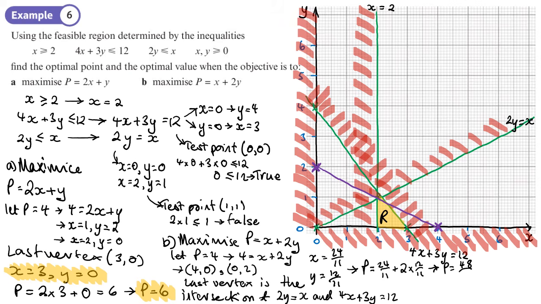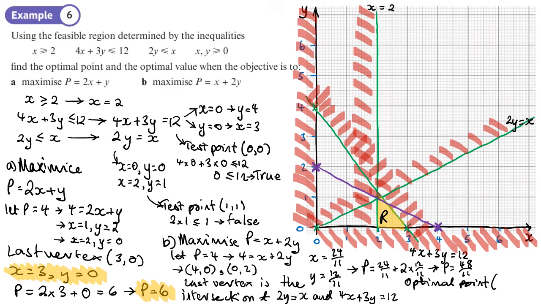So we'll probably want to change these to mixed numbers. So our optimal point is the coordinate.